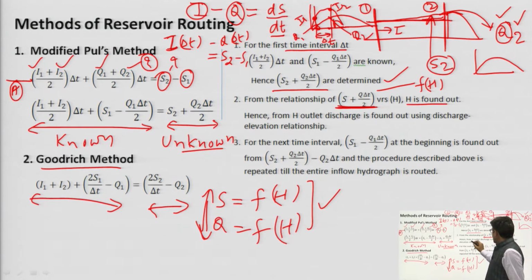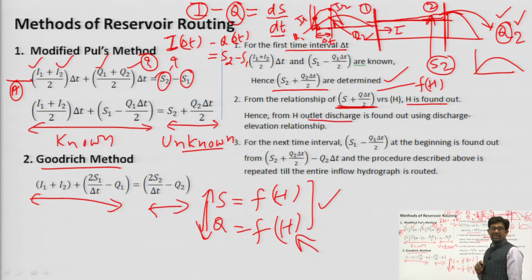At the same time, from the H, the outlet discharge is found out using the discharge elevation relationship. Using this one relationship, we can calculate the discharge at a particular depth.